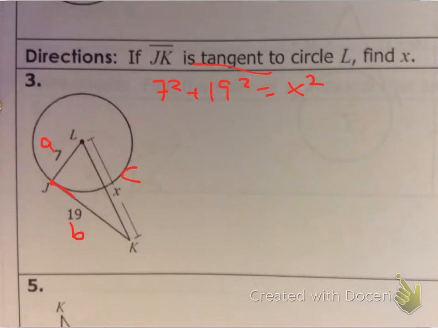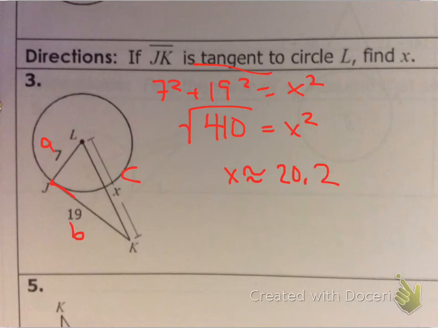That would be 410. And then, of course, take the square root, and you should get about 20.2. And there you go. So, be careful. That's the way you should do those types of problems.